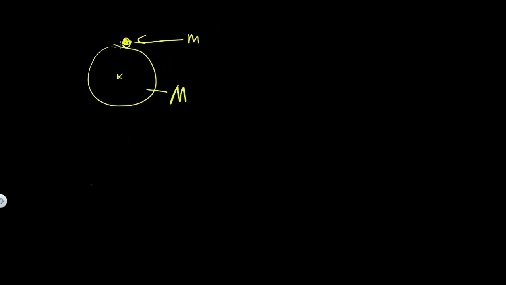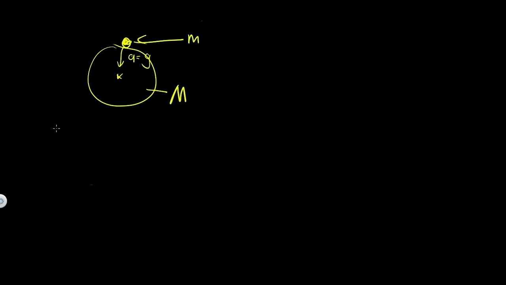Based on what we learned before, any object placed near the surface of Earth will have an acceleration equal to g, towards the center of the Earth. So that means our object here is accelerating.